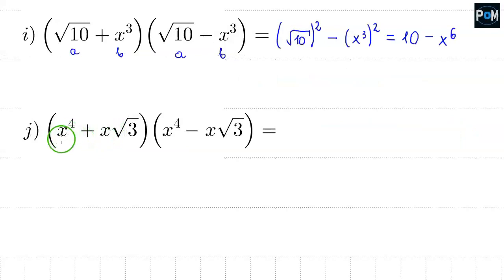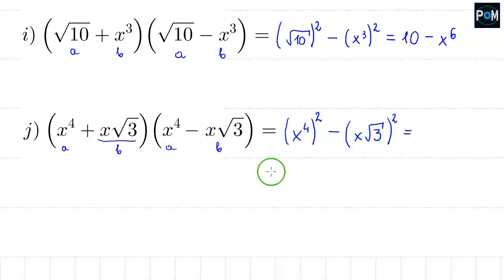And I still have example J left. Where a equals x to the fourth power, it appears here and here, and our b, it will be this entire expression. Means x roots of 3. The order is correct, AB, AB, and the signs too, in one bracket plus in another minus. According to the formula, first, I need to square a, which means x to the fourth power, and also squared, minus b squared, that is, x square roots of 3 to the second power.